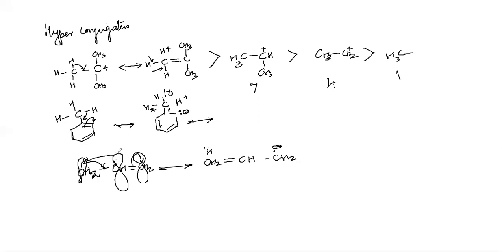Therefore, there will be a bonding interaction between these two. And at that time this breaks. So effectively there is an interaction of electrons over here, here, and here. So there is a continuous interaction of electrons between these three orbitals. That is what is called hyperconjugation. So you can explain the stability of different carbocations based on hyperconjugation.